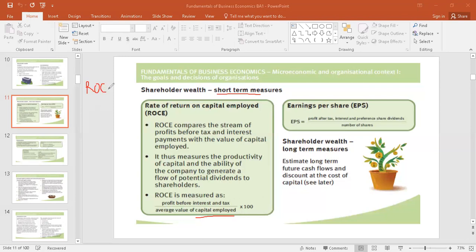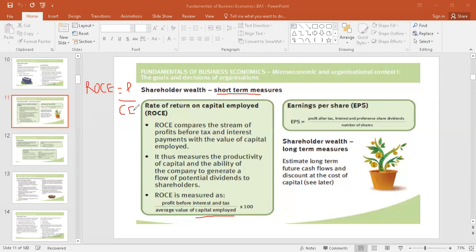So in simple terms, this would be profit before interest and taxes, very commonly called EBIT or PBIT. This is the amount of profit earned for the amount of capital employed. So what is the percentage of profit earned?